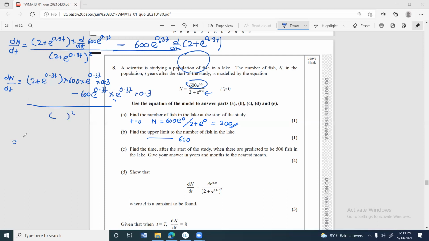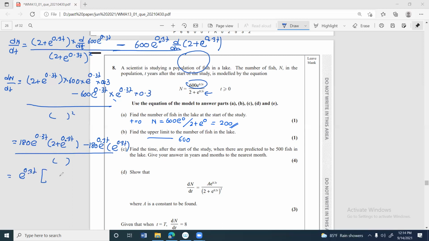If you do this, it's turn up to 180 e to the power 0.3t times of 2 plus e to the power 0.3t, minus 180 e to the power 0.3t times of e to the power 0.3t, divided by the square of this denominator. All right, if you simplify this one, I can take e to the power 0.3t out.